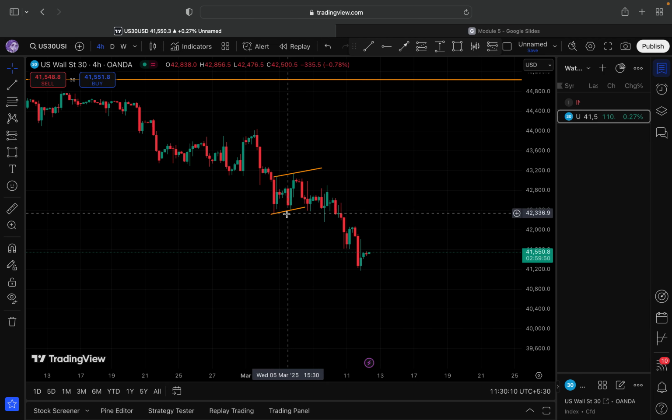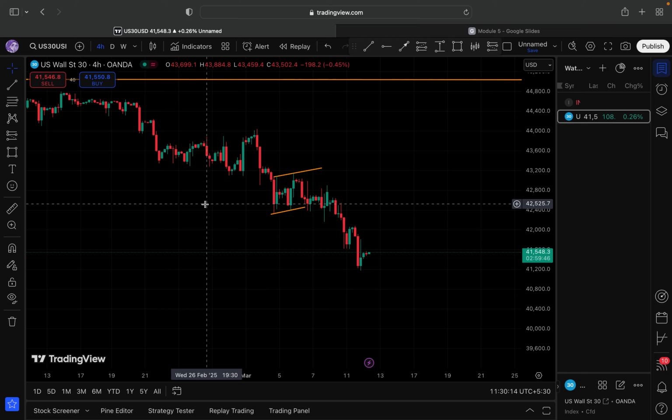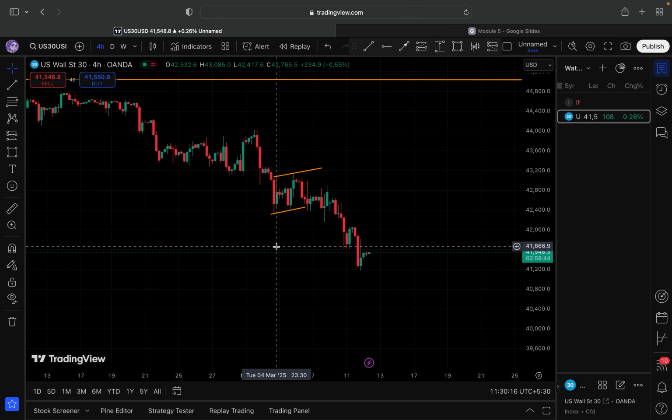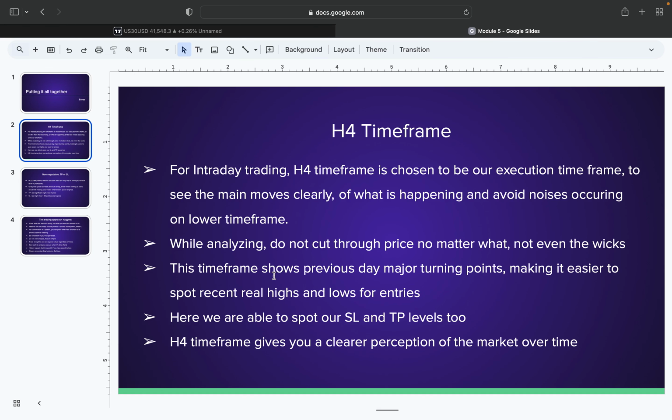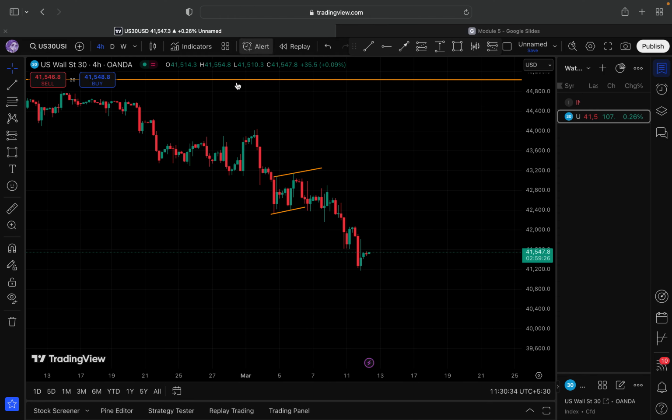This was a major turning point, and this was a major turning point, and if you see, it is recognized clearly on H4. That is why H4 is a very amazing time frame. It spots the recent real highs for entries. Here also we are able to spot your SL and TP levels amazingly well.